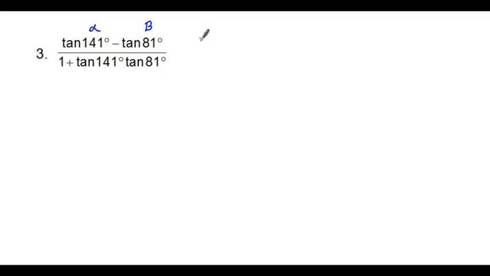But it makes it a lot easier if we follow the rule for the tangent of theta, and when there's a minus up on top, it follows the rule of tangent of alpha minus beta. Again, our alpha is 141 because it's there and there, and our beta is 81 because it's in both places. So it does follow that pattern if we compare those to the rule.